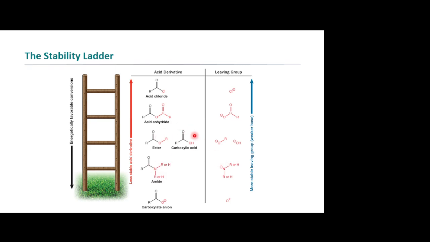This is the ester and carboxylic acid. Notice there's a difference between carboxylic acid and the carboxylate, and that's that we have no charge on the carboxylic acid at that point, right? Okay. And so when that leaves, OH minus, that's more stable than O2 minus, right? Okay. And so that's less stable as carboxylic acid than a carboxylate.